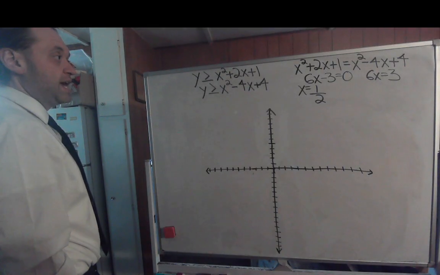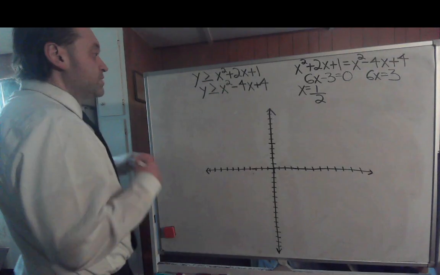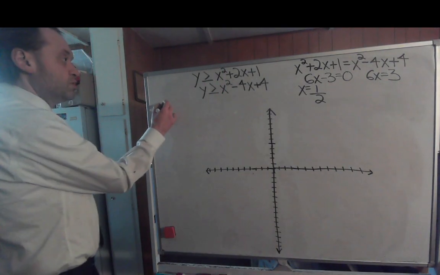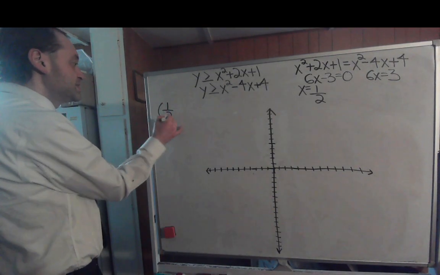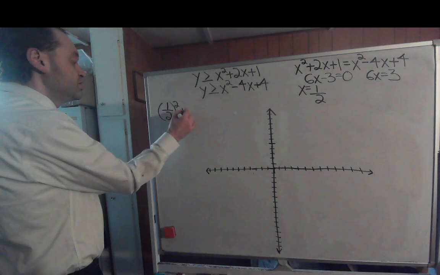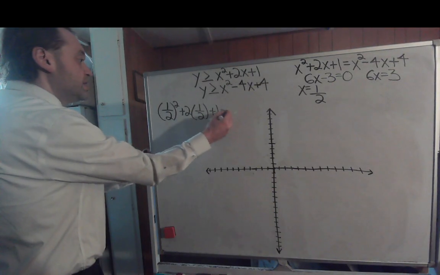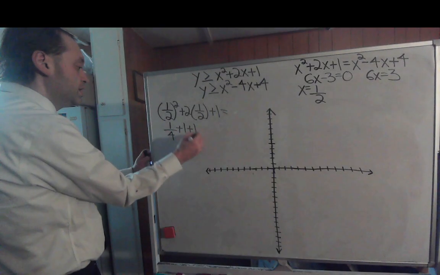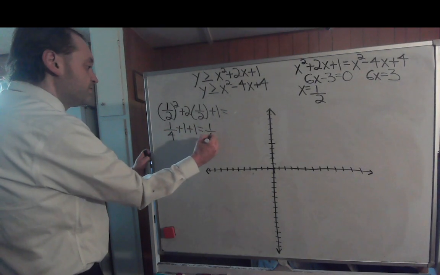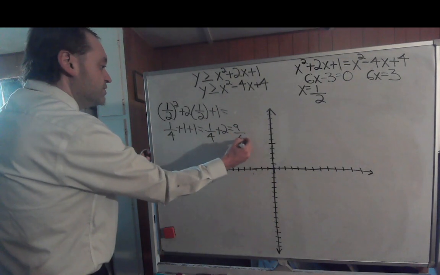Now stick the 1/2 into any of these equations. Pick any equation, so you'll end up having 1/2 raised to the second power plus 2 times 1/2 plus 1, well, that's going to equal, of course, 1/4 plus 1 plus 1, which would give you 1/4 plus 2, which would give you a y value of 9/4.